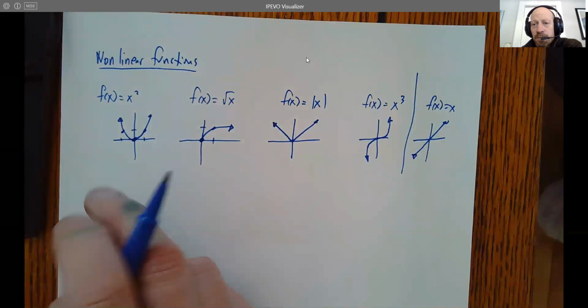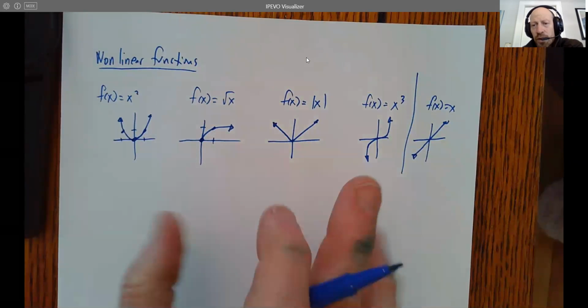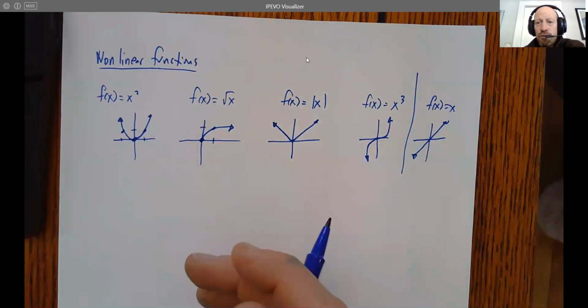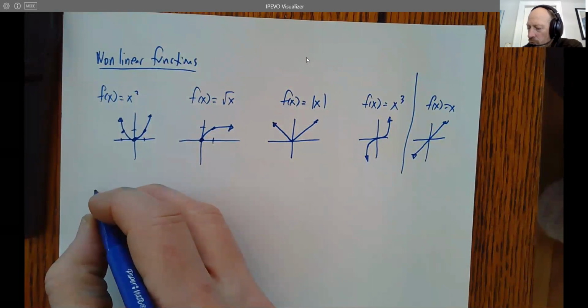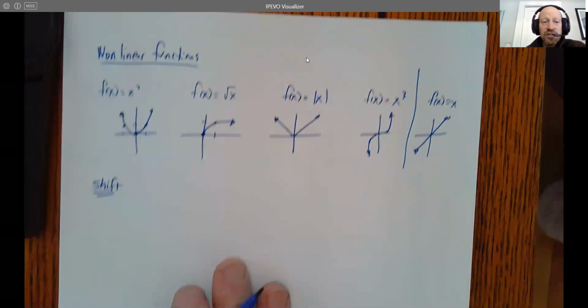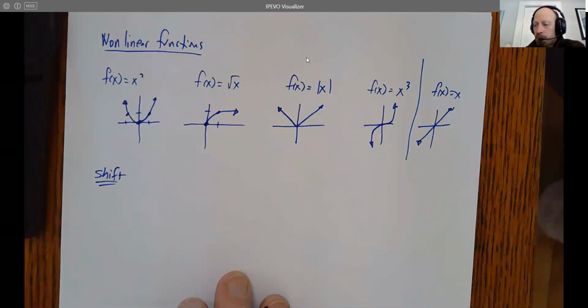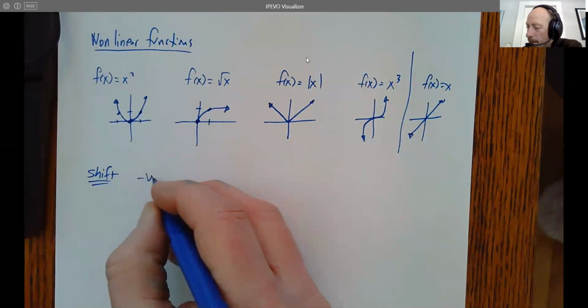And the idea is, from these basic functions, we can create infinitely many new functions by making some sort of changes. So one type of change is called a shift, and we can do either a vertical or a horizontal shift.